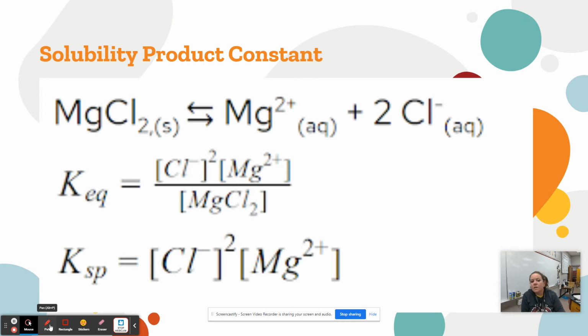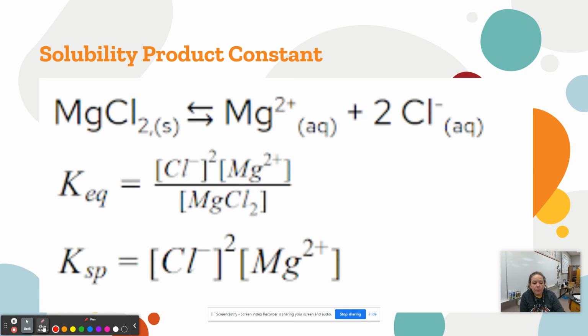Okay, so the solubility product constant is derived the same way that we derive the constant at equilibrium. So the constant of EQ is the constant of equilibrium.